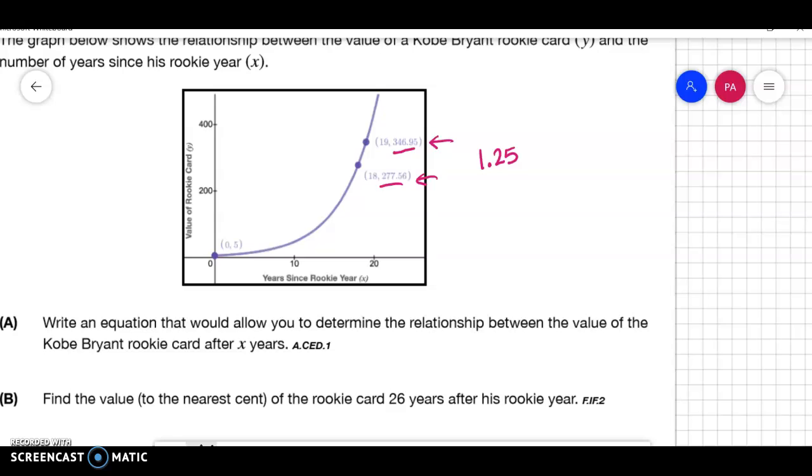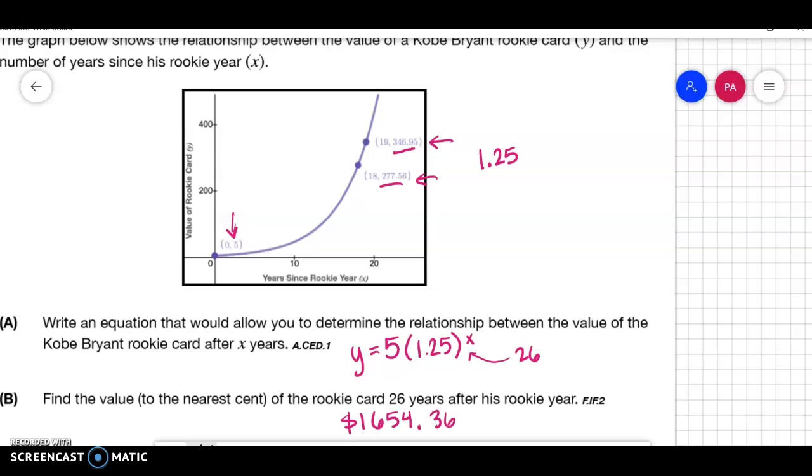So here's your equation, and here's the initial value. At time 0, it was 5. So $5 was what you bought the card for. And then it's growing by 1.25 for x amount of years. So there's your equation. And then you needed to plug in 26 for this one, and you would get $1,654.36.